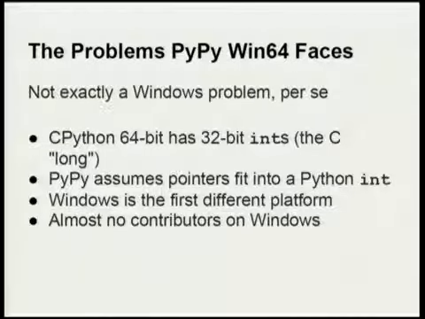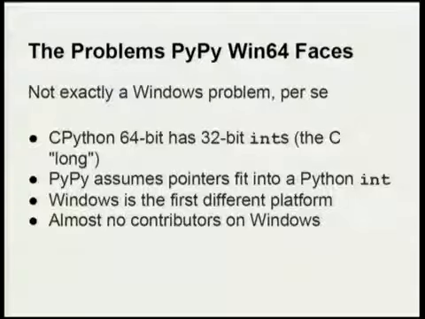In the case of Windows, we have a 32-bit int type, which is not large enough to hold a pointer type, and PyPy needs this assumption to hold all the time. So Windows 64 is the first situation where PyPy really has to be more flexible and toss certain assumptions.